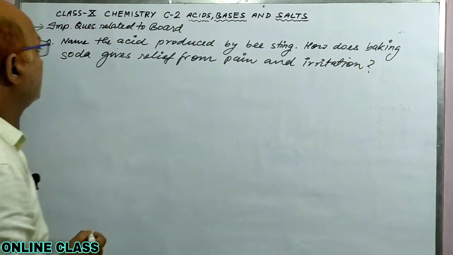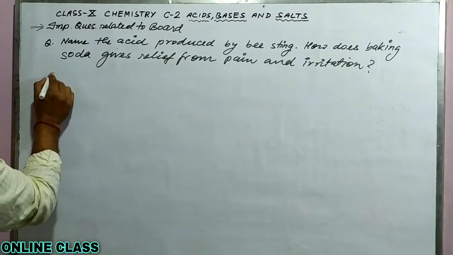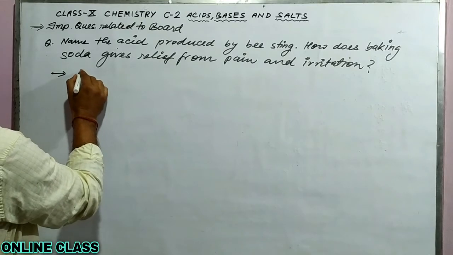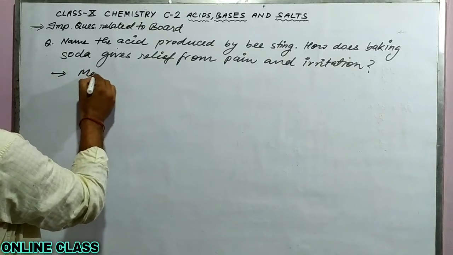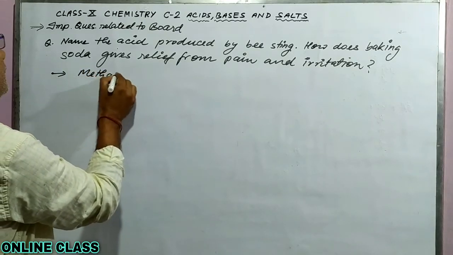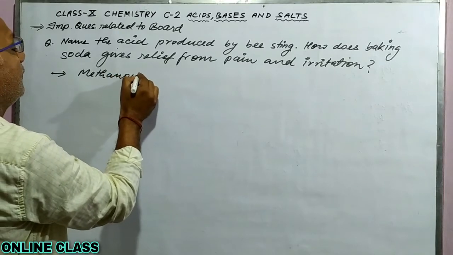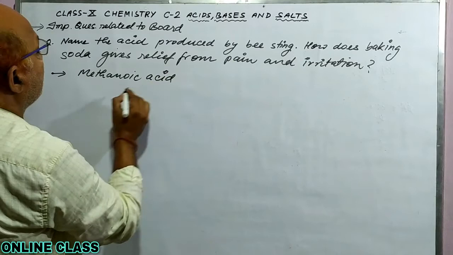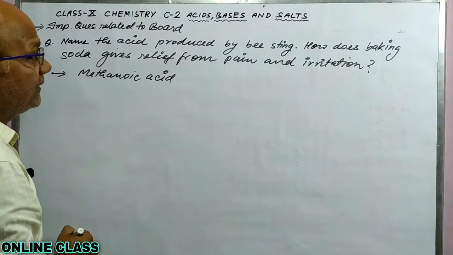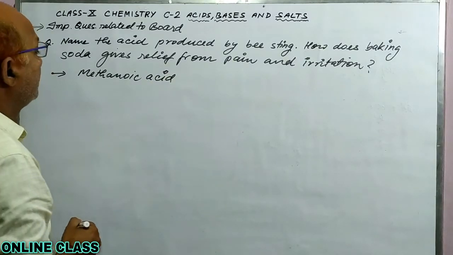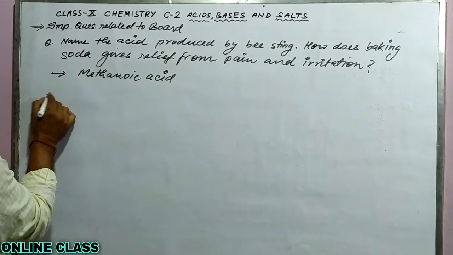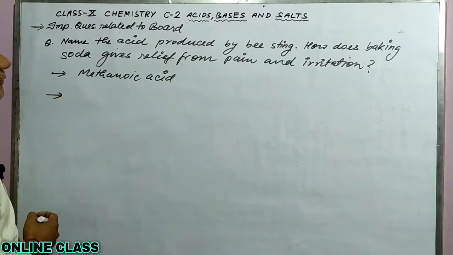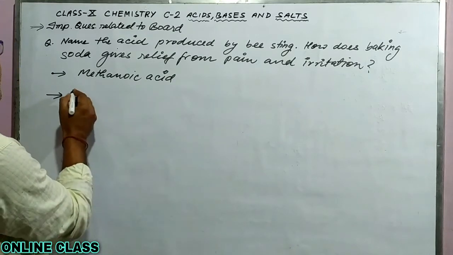So, what is the acid? The acid is methanoic acid. Methanoic acid is injected during a bee sting. And how does baking soda give relief from pain and irritation?